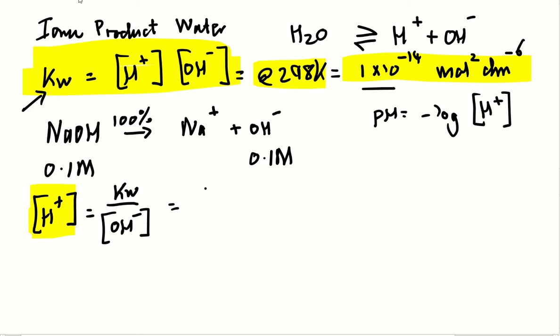So my calculation this time becomes 1 times 10 to the minus 14, the Kw, divided by the hydroxide ion concentration, which I take because I know it's a strong alkali, divided by 0.1. So 1 times 10 to the minus 14 divided by 0.1 gives me a value of 1 times 10 to the minus 13, of course.